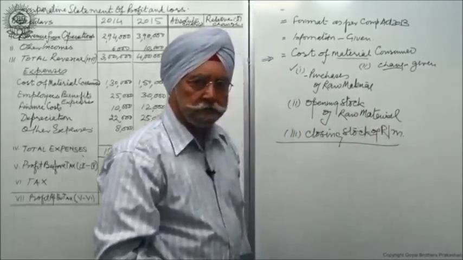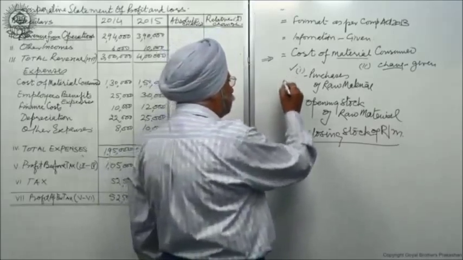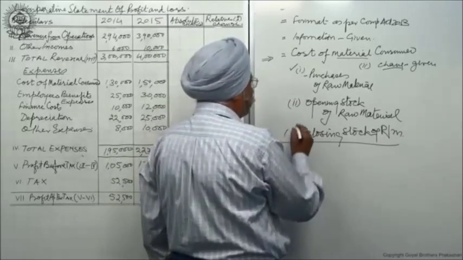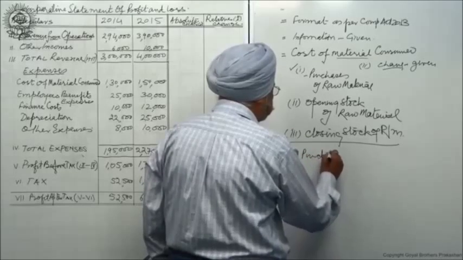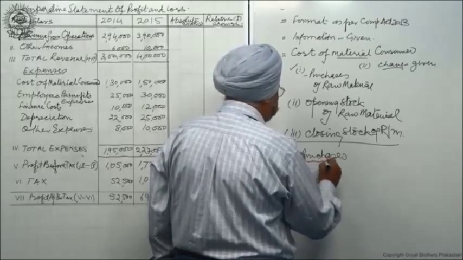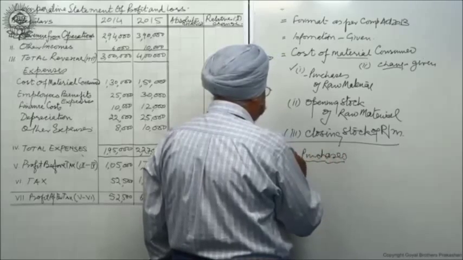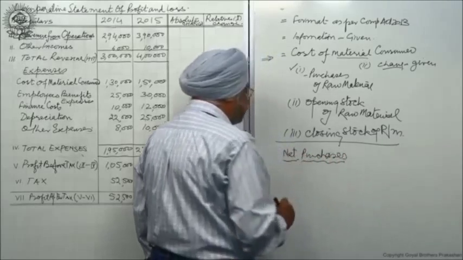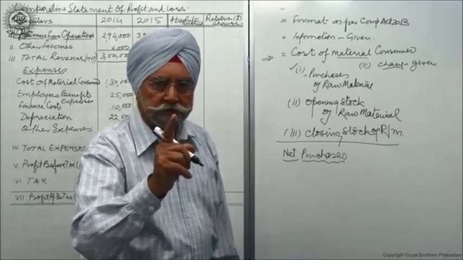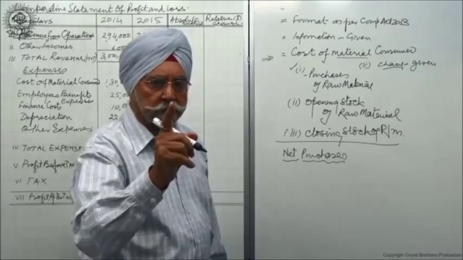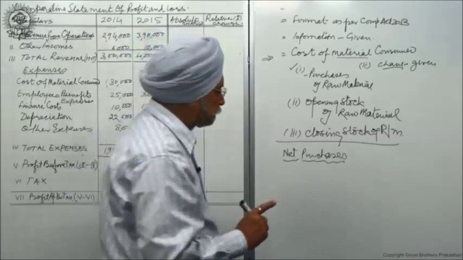So these will be the items given. How do we calculate? We calculate net purchases. Net purchases means purchases minus returns outwards.